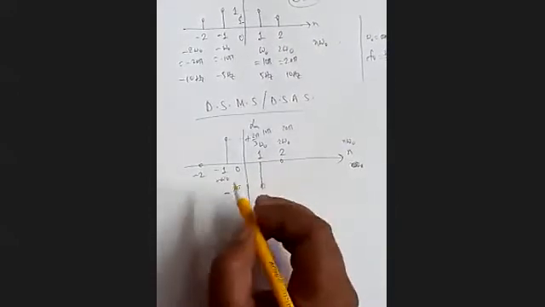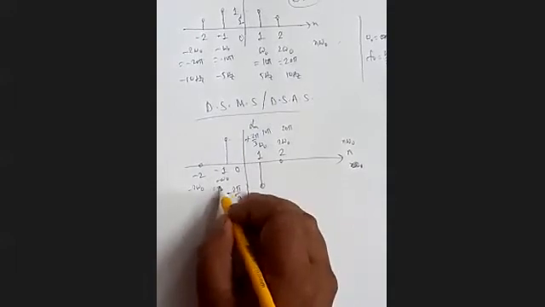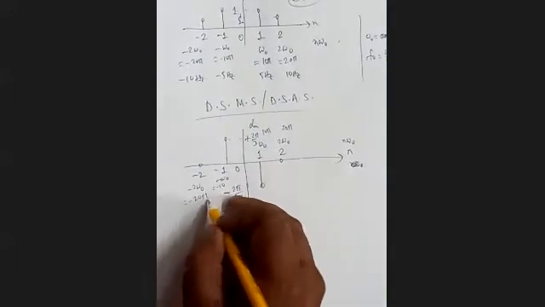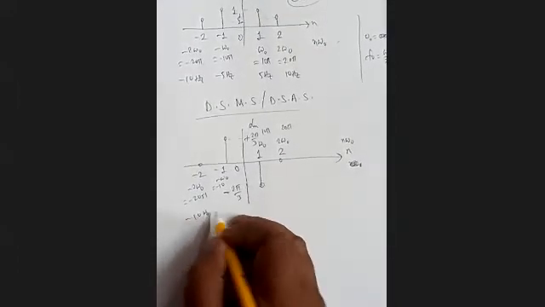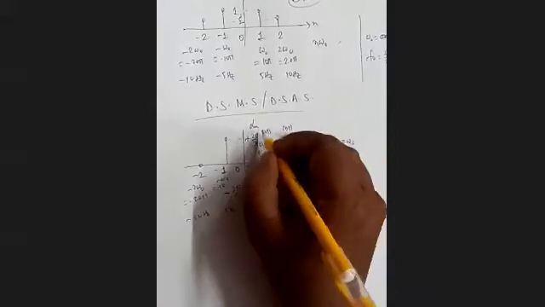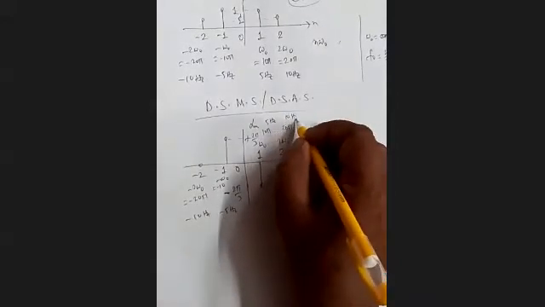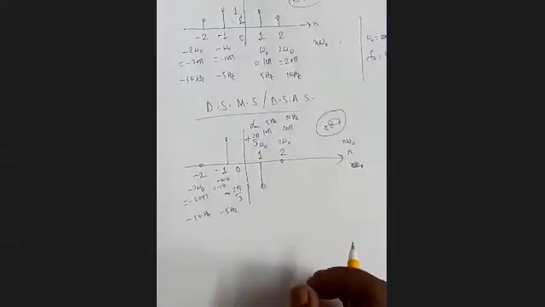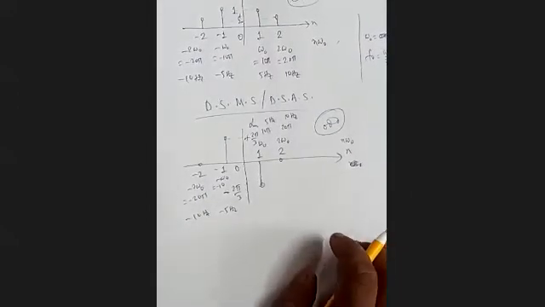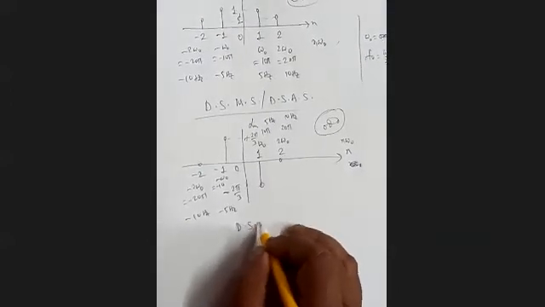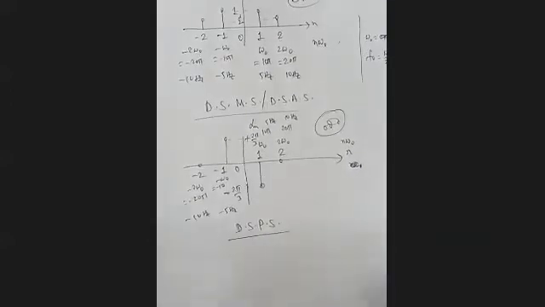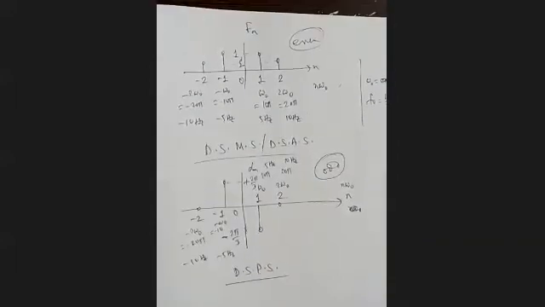It is minus omega 0, minus 2 omega 0, minus 10 pi, minus 20 pi. In hertz also we can plot it. Minus 10 hertz, minus 5 hertz, 5 hertz, 10 hertz. So it is always an odd function. Last day I told you the reason. So it is double-sided phase spectrum.